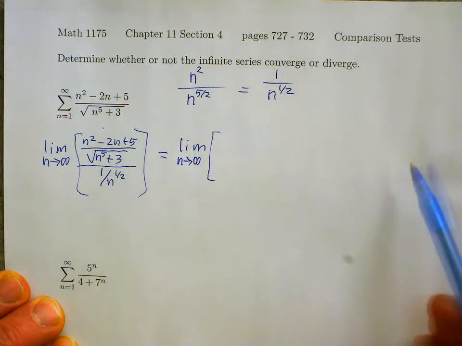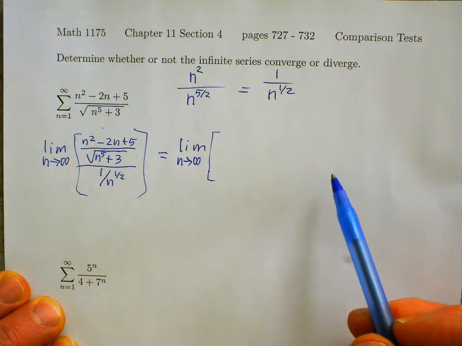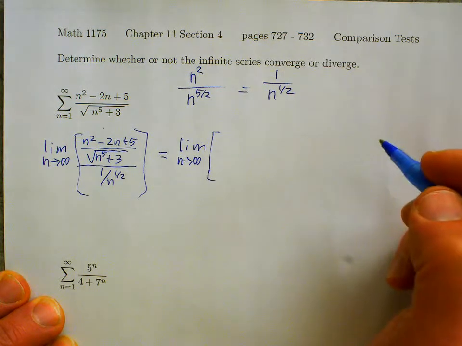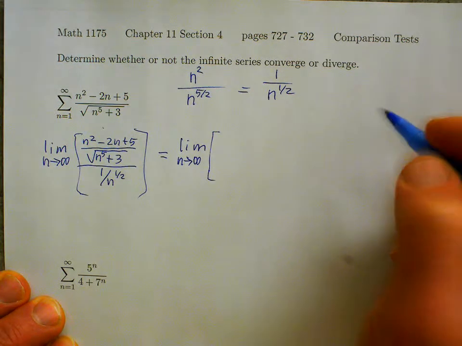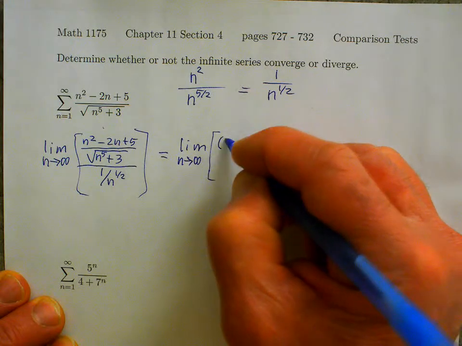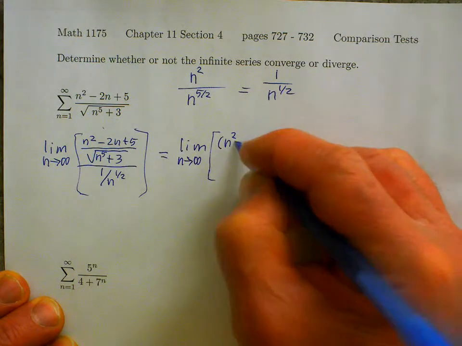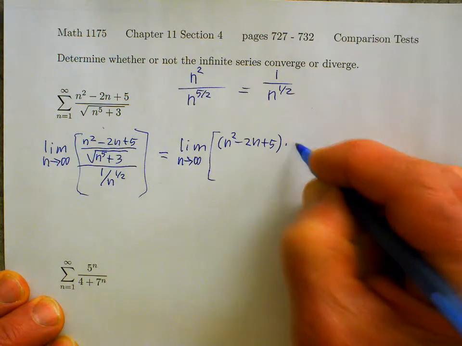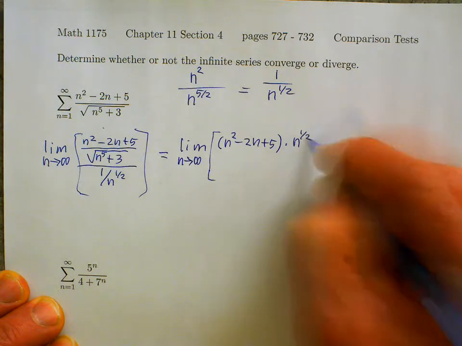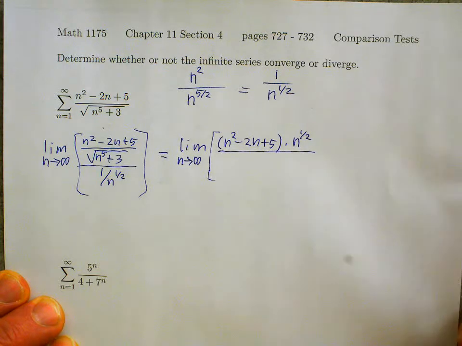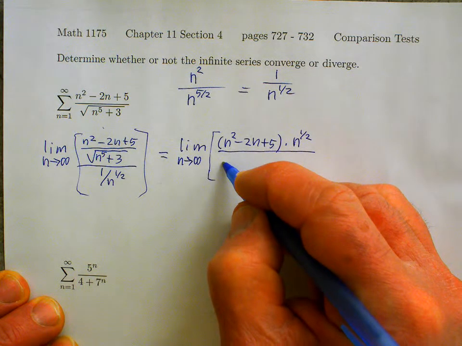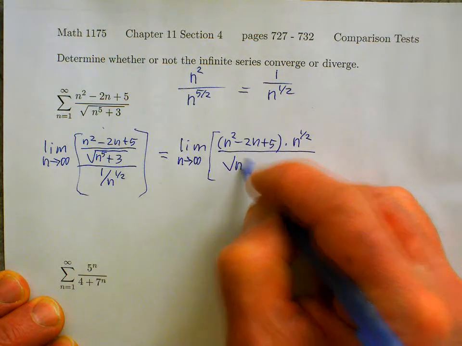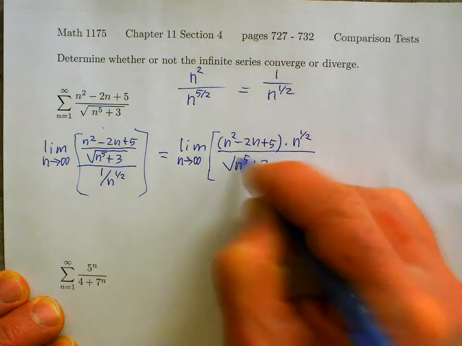So when we simplify, in the numerator we're going to get the quantity n squared minus 2n plus 5 times n to the 1/2. And then in the denominator, it's just the square root of n to the fifth plus 3.